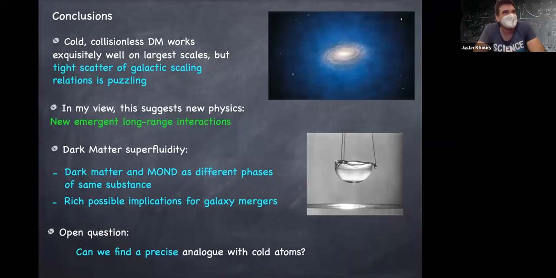There were proposals. Some people just tried to keep going and write down a relativistic theory without dark matter. Bekenstein did that 20 years ago or so, in which ultimately you need not just a scalar, but you need a vector as well.